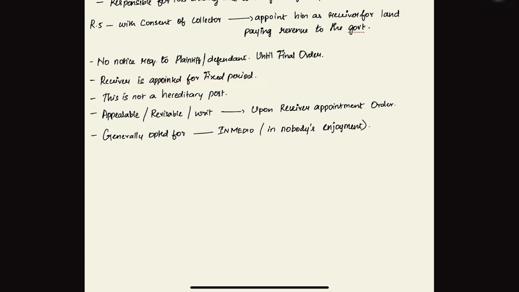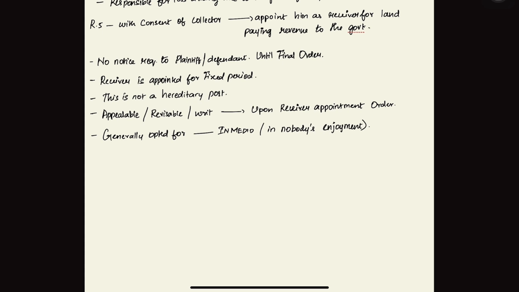The receiver is appointed for a fixed period. The receiver is not appointed in perpetuity, and it is not a hereditary post. It is not that if a receiver is appointed, his son will be appointed as receiver to that property as well. No, it is not the case. Such appointment of a receiver is appealable and revisable, and even writs can be issued upon the receiver's appointment order.